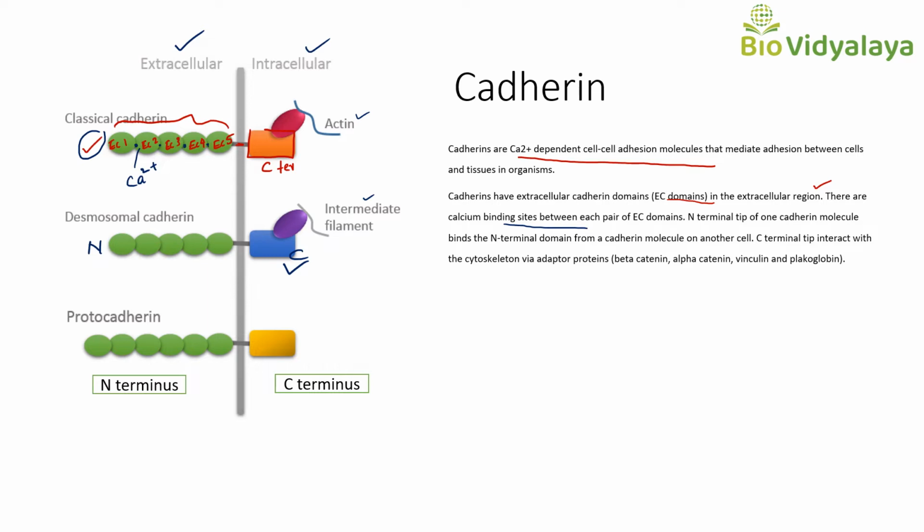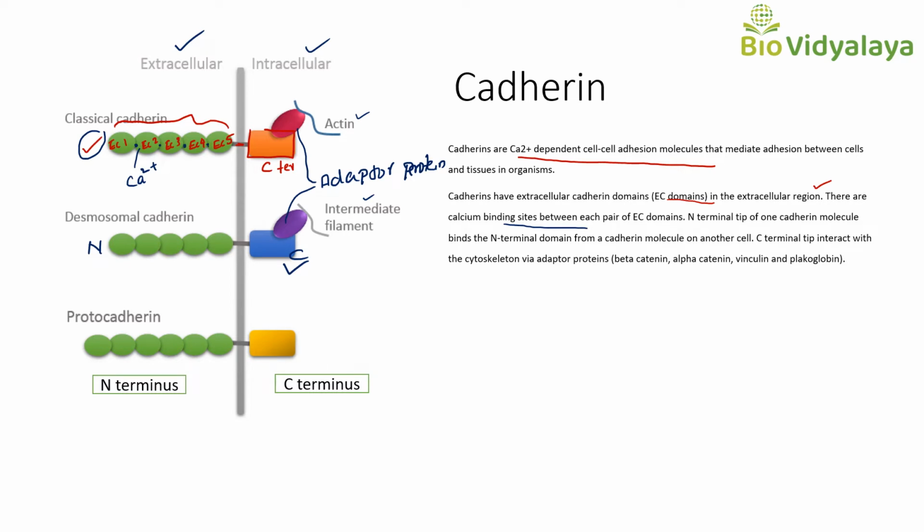They are the cytoskeleton. So the C-terminal end of this cadherin molecule will interact with the cytoskeleton via an adapter protein. This is an adapter protein, this is also an adapter protein. Examples of adapter proteins are beta-catenin, alpha-catenin, vinculin and plakoglobin.